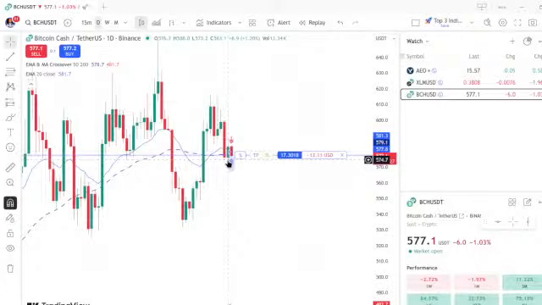How far the pullback goes, I don't know, but support is represented by this bullish harami. Ideally, the next candle after this daily red candle should be above the close of this candle, and that's your green light.